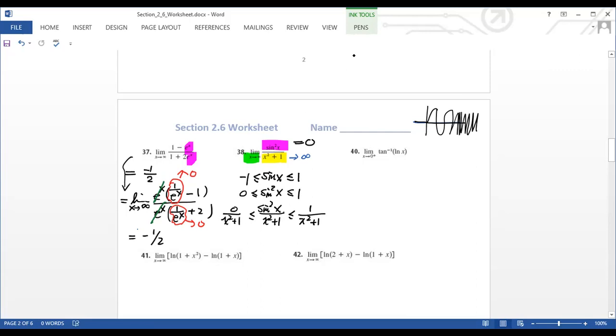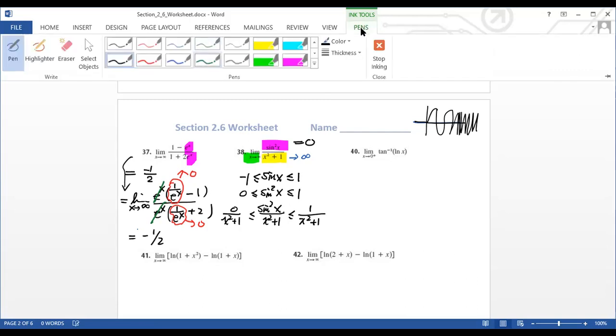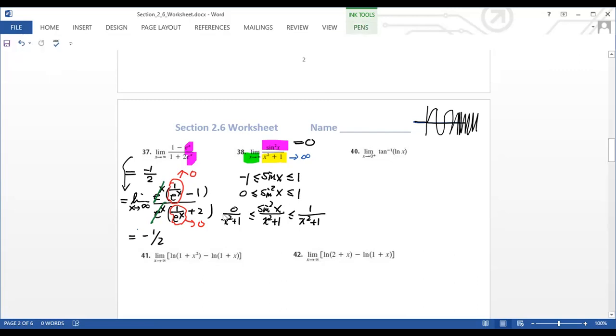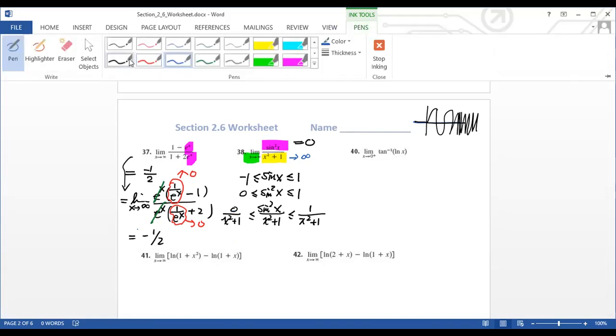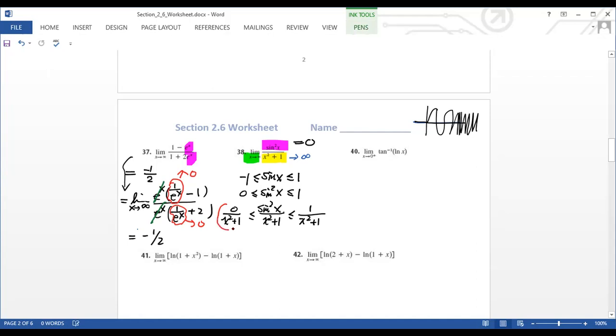Okay, now you take limits, right? So when you take the limits, I'm doing the limit as x approaches infinity. This one is 0 over infinity, so it's 0, and this one, as x approaches infinity, you will have 1 over infinity, right?